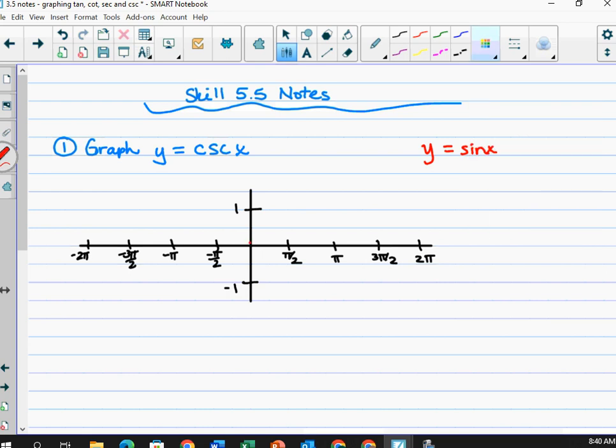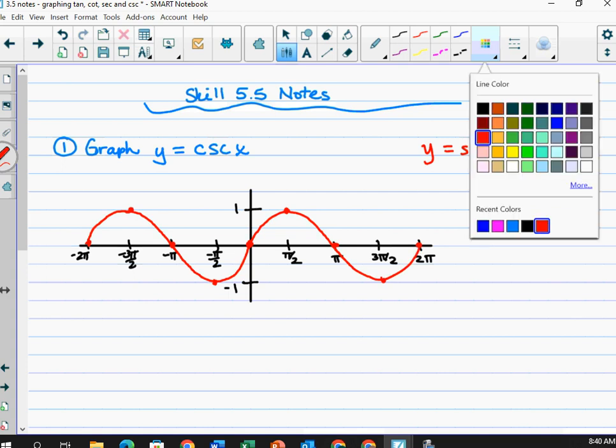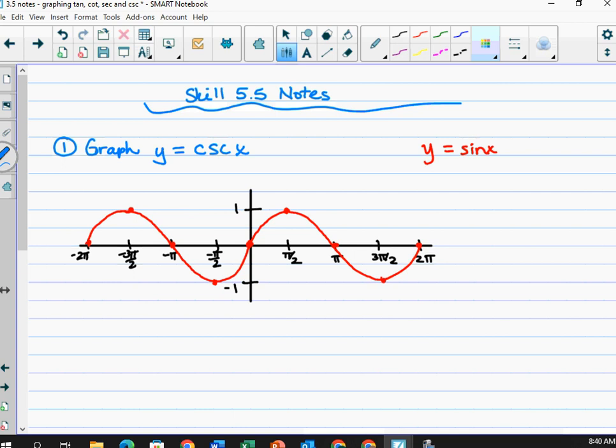I'm just going to graph the sine function, the parent graph for sine. Hopefully this much we know, right?